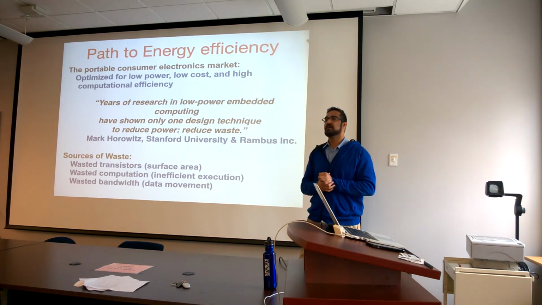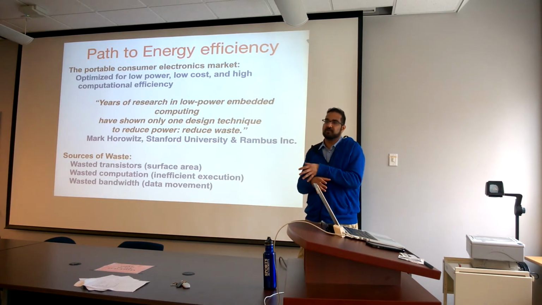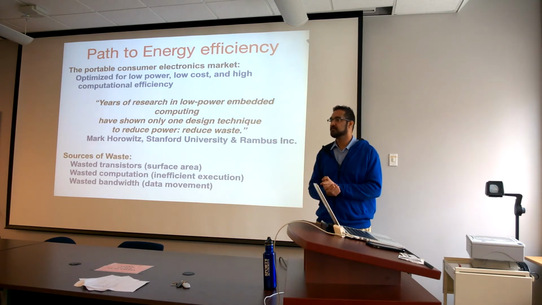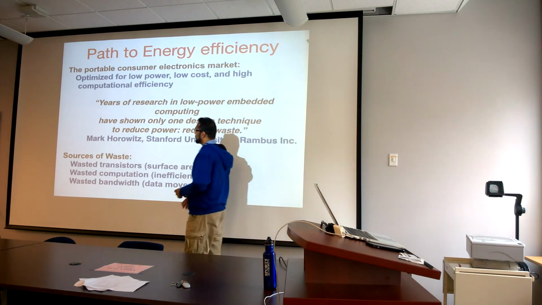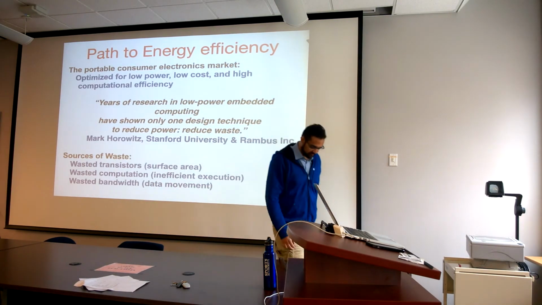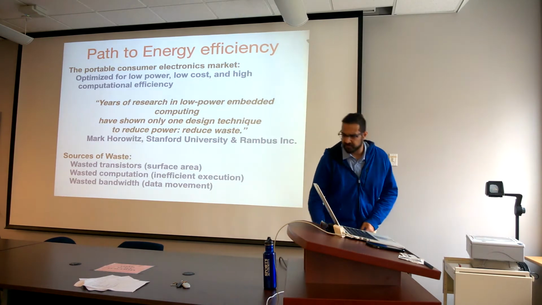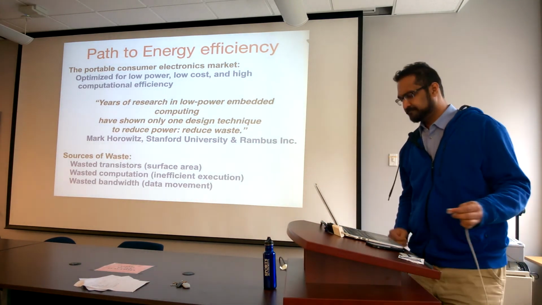So for instance, my applications don't need a cache, put a really small one in there. Don't put a big cache, right? Because it's pointless. Right? And so essentially, if you look at the sources of waste, there's wasted transistors, compute, and then data bandwidth. A lot of stuff we do is related to bandwidth.